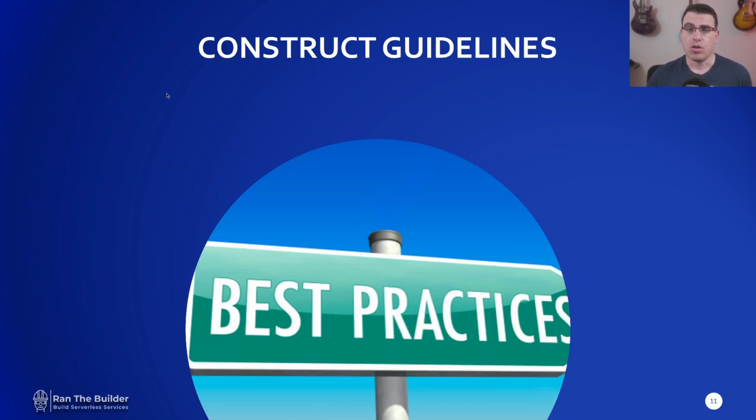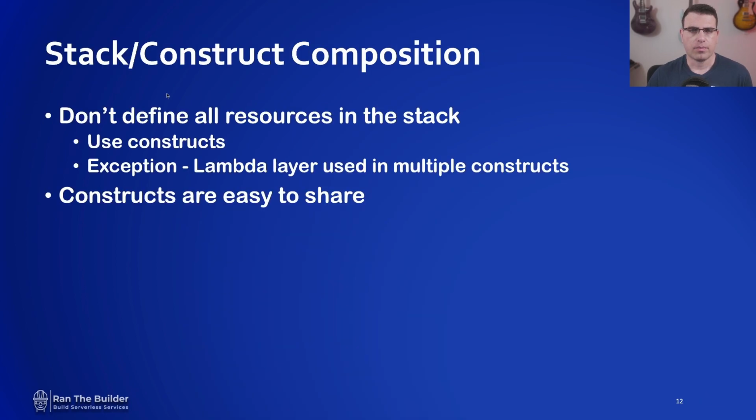So let's talk about construct guidelines. The same way that you don't write all your code in one handler, like all the Lambda functions, you don't write it in one file, don't do it in CDK. Don't define resources in the stack other than constructs. Constructs are the basic unit that you have.